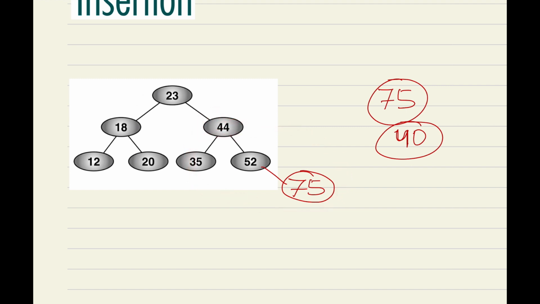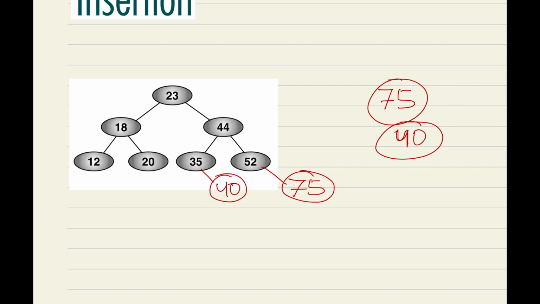So we should move to the left. Now we reach 35 and compare 35 with 40. So 40 is larger, so we should move here to the right. So here no right subtree is there, so we can insert 40 here.